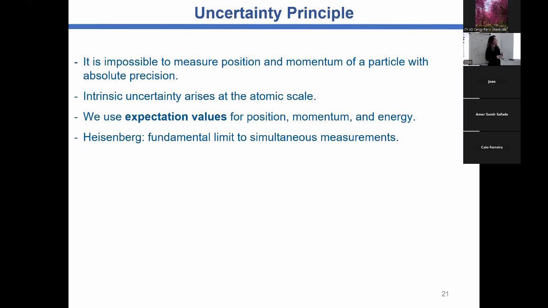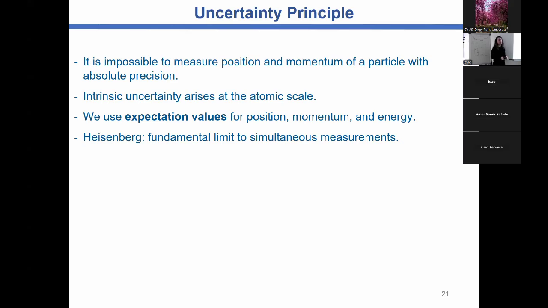In terms of position and momentum, for example, we cannot measure simultaneously the position and know exactly the momentum. So if we know the position, we don't know exactly the momentum. And if we know the energy, we don't know exactly the time. So we use expectation values for position, momentum, and energy.